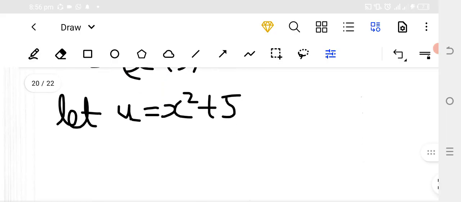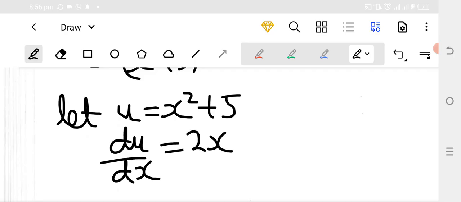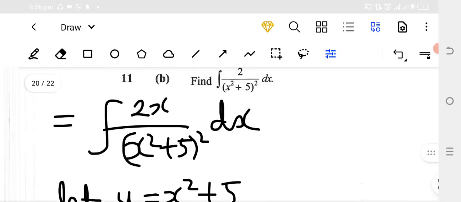And then to continue, you would have had your du dx is equal to 2x, like the 2x on top there.